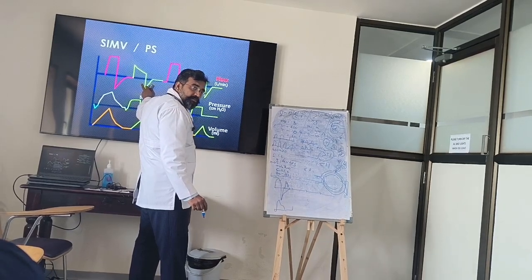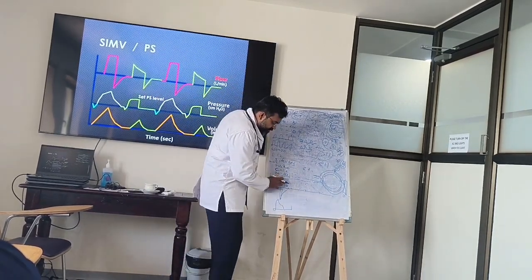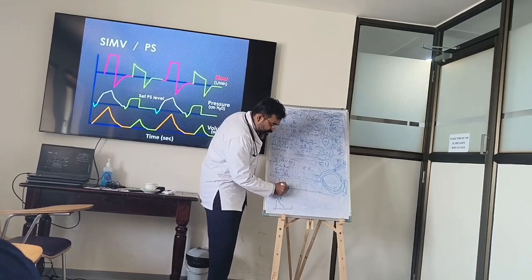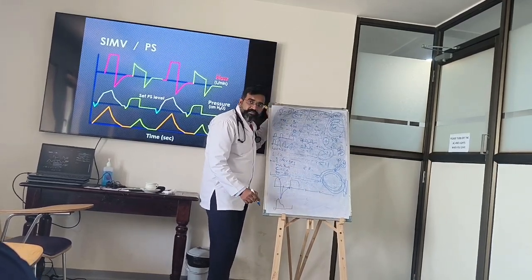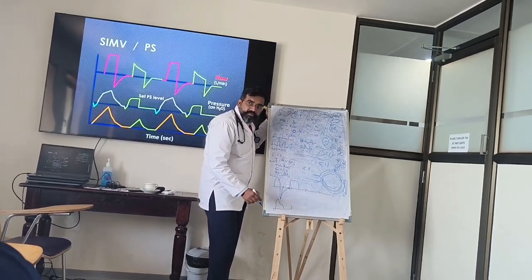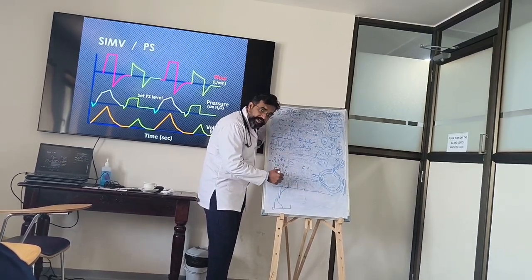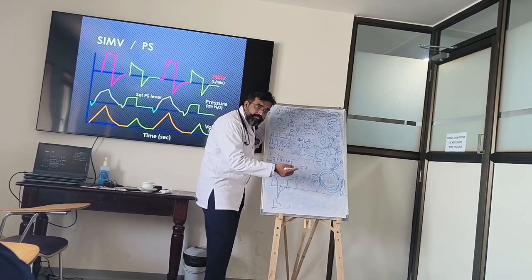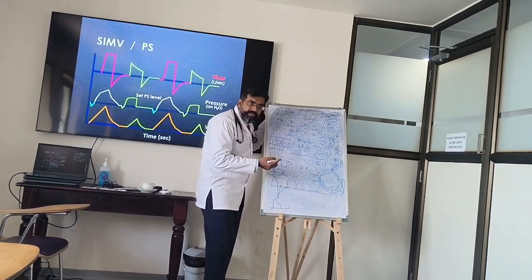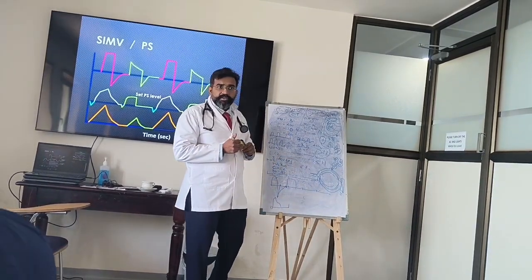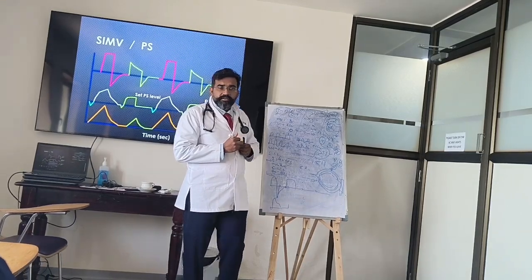You understand? If he doesn't take this breath, here the next one will start. The only difference from the earlier mode is that here every breath the patient takes is now being supported by a pressure. That's why it's called SIMV pressure support. Clear?